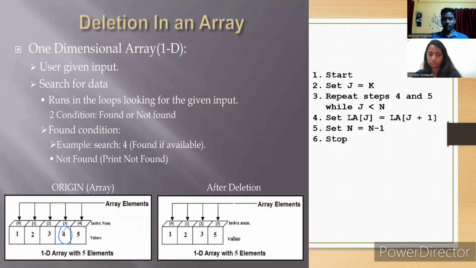If I delete this element, this 4 will be lost, so I will save it in a temporary variable. That is my first step. And if I delete this, the memory will be wasted. The space will remain empty, and that leads to a wastage of memory.